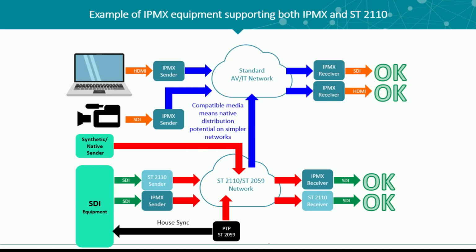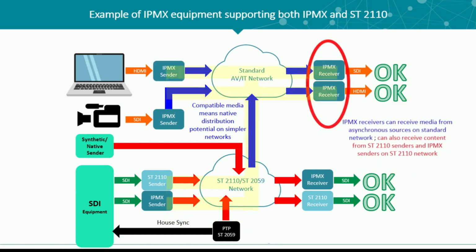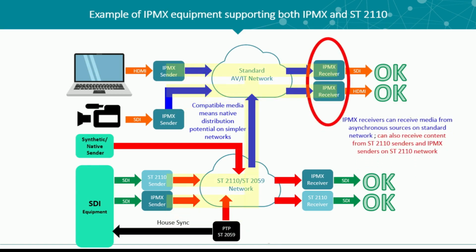So if you look at the receivers on the upper right, the top right IPMX receivers can receive content from your studio equipment on your red network plus the asynchronous sources on your blue network. So this is portability from a 2110 network to a Pro AV network as well. Very, very useful.